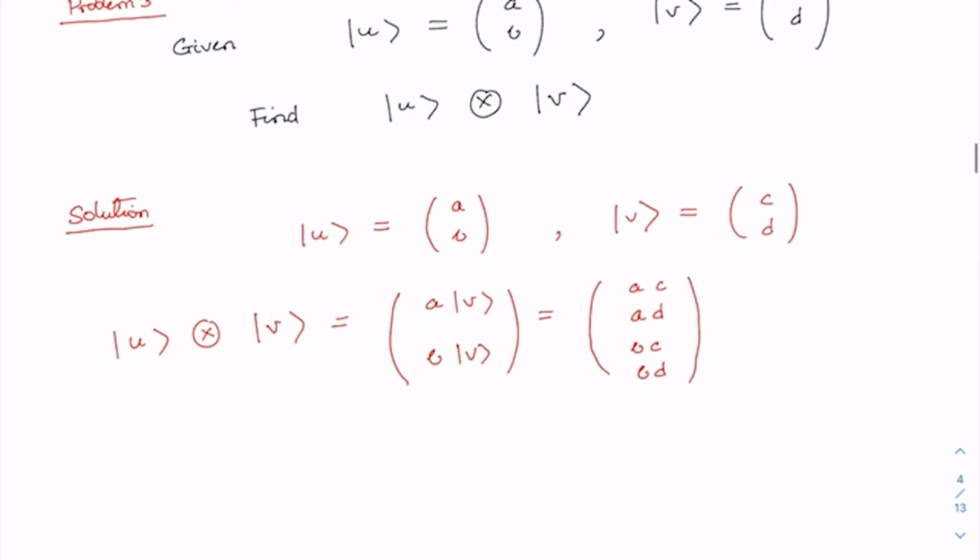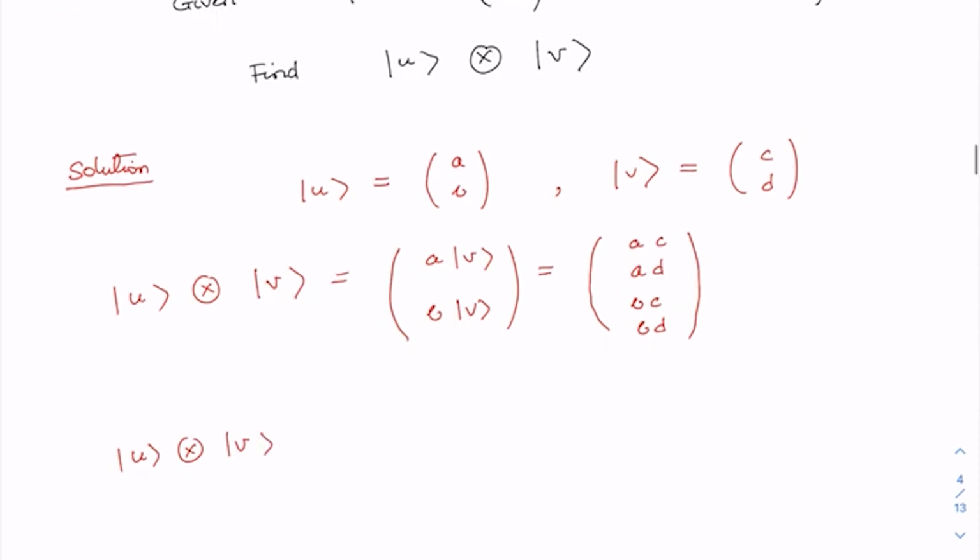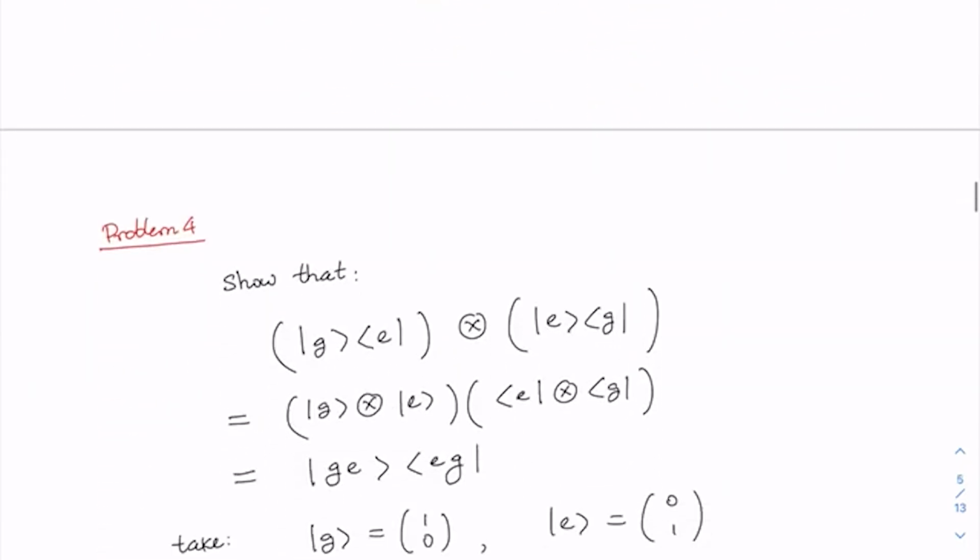In fact, often u tensor product v is abbreviated as u v. Okay, now let us go to the next problem.